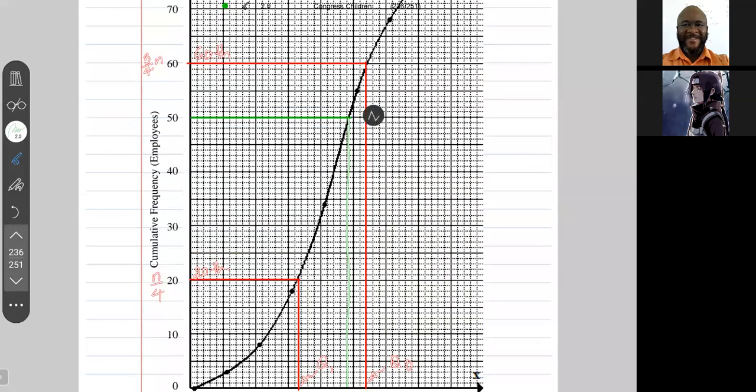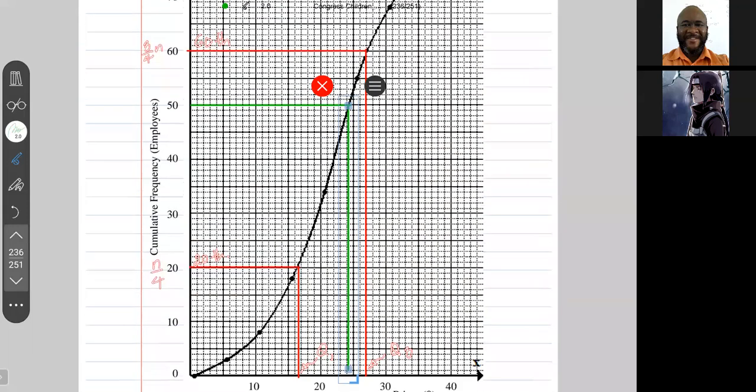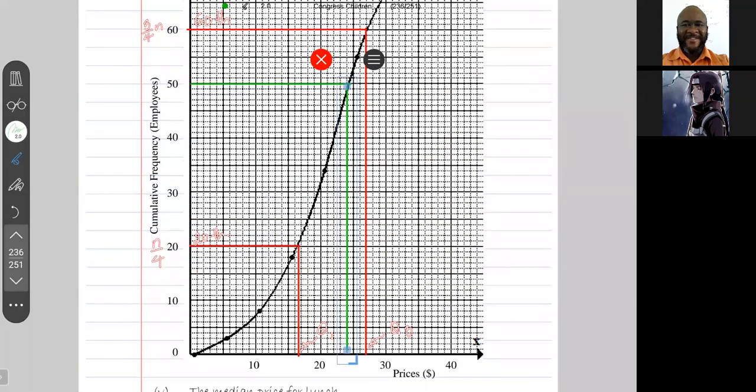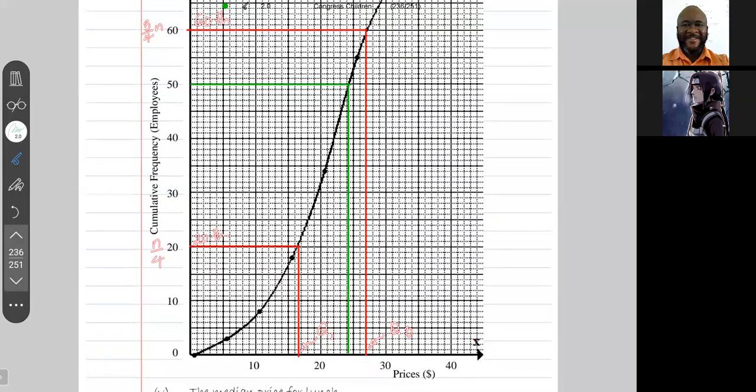Person number 50 spent 21, 22, 23, 24. He spent $24 on lunch.